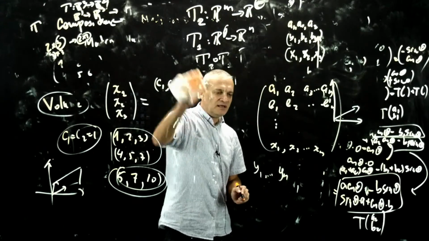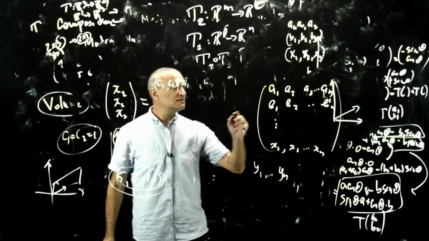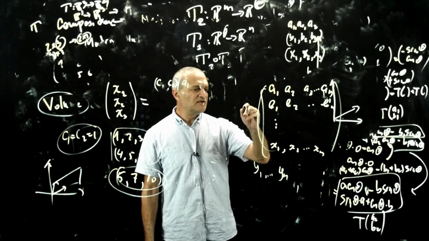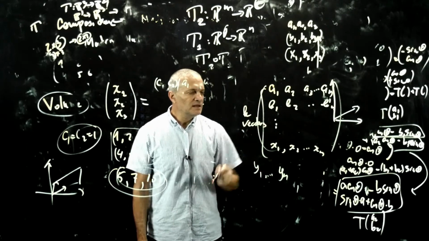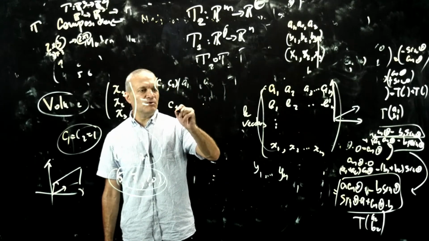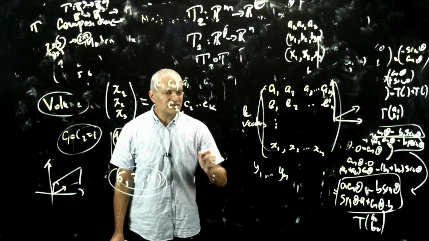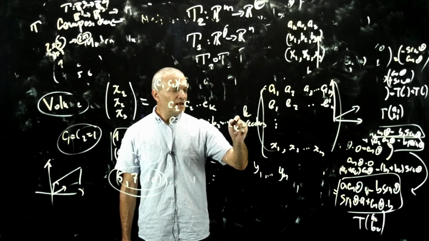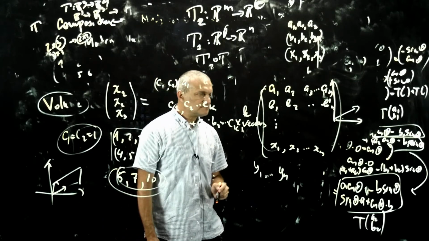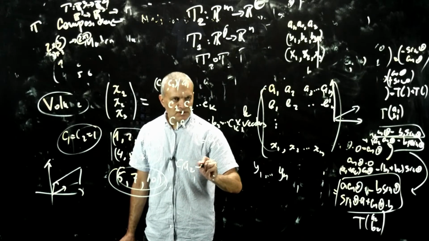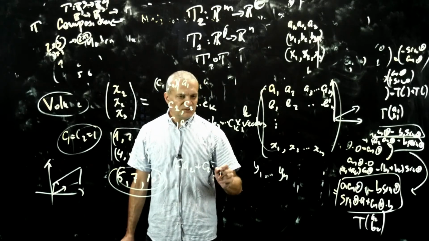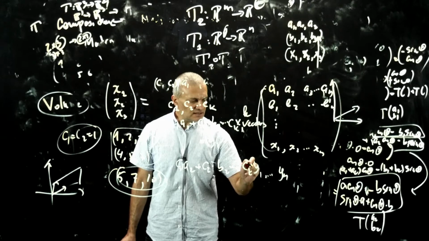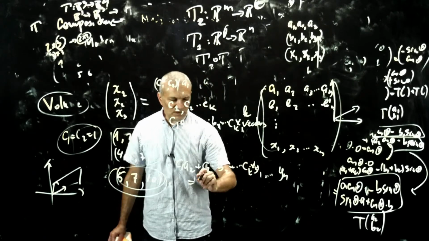You have a dependency if and only if you have constants, let's say for k vectors, c1, c2, up to ck, such that c1 a1 plus c2 b1 plus ck x1 equals y1, then c1 a2 plus c2 b2 plus and so on plus ck xn equals y2, etc.